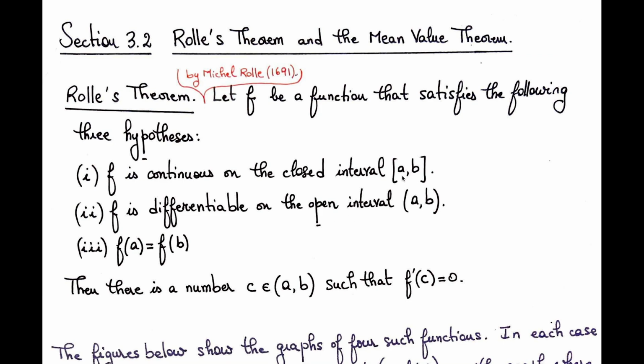If the function is not a constant, then either there exists a number x in [a, b] such that f of a is smaller than f of x, and as such, there must exist an absolute maximum in between a and b, open, by the extreme value theorem, and this maximum is going to be a local one, and by Fermat's theorem, f prime of c is 0 because the function is differentiable.